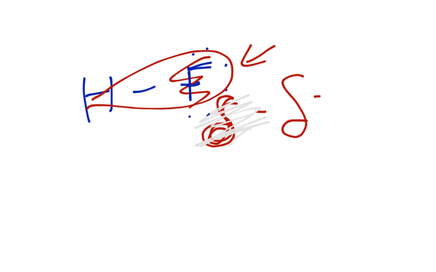And it gets that because the electrons are closer to it. It is stronger than the hydrogen. So the hydrogen then becomes partially positive, because it's lost the electrons. The electrons aren't next to it, they're over there by the fluorine.